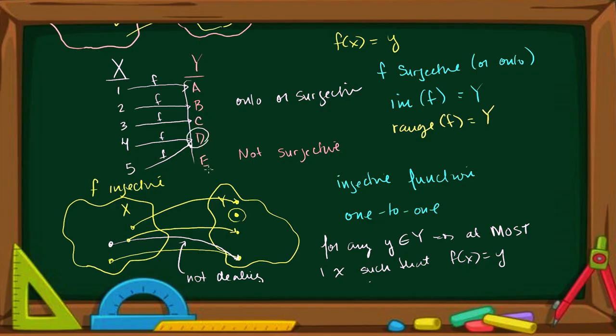This is what breaks its surjectiveness. Now, if I wanted to make this a surjective and an injective function, I would delete that mapping and I would change f of 5 to be e. Now, everything is one-to-one. I don't have the mapping from two elements of x going to the same element of y anymore, and everything in y now gets mapped to. So this is both onto and one-to-one.